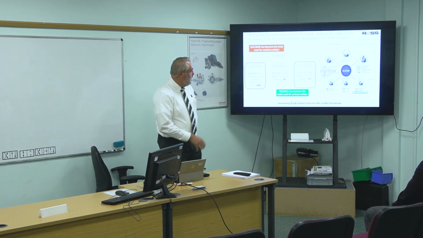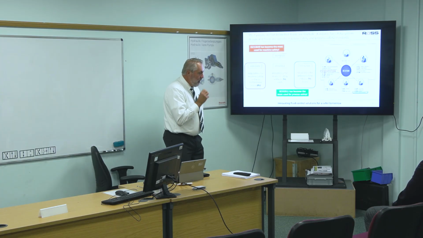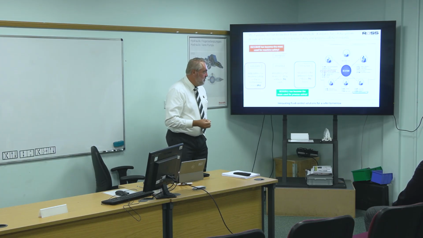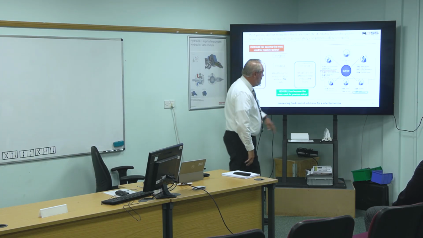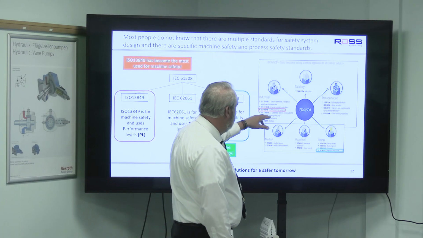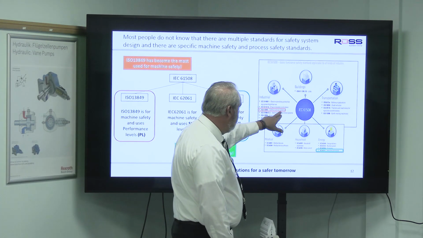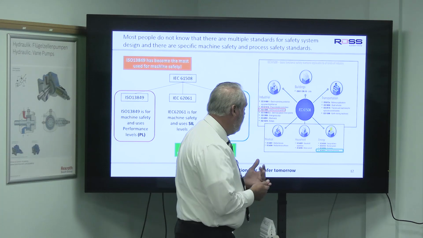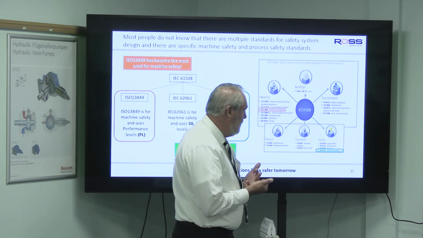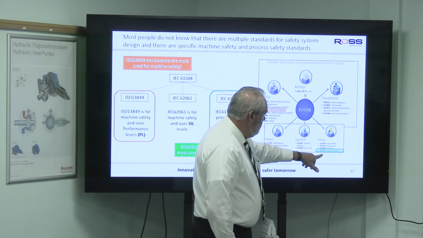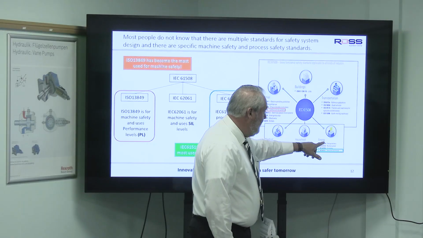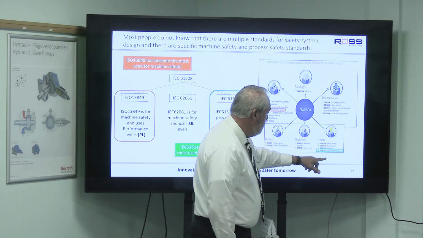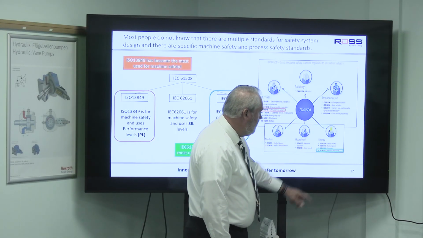Process is similar. And so a lot of people ask me, okay, what standards should I be following? It depends where you're at. If you're in the industrial sector, the primary standard for machine safety is ISO 13849, which drives the design requirements. Process safety falls under the energy sector, under 61508, called 61511.